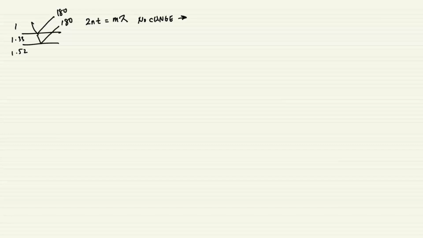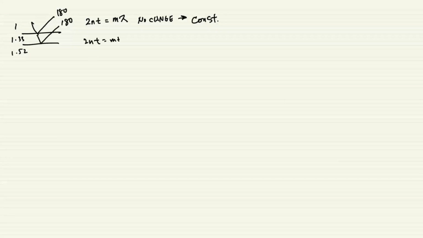Constructive or destructive interference? Why is it constructive? They're in the same phase. They're both 180 degrees out of phase from the original, but they're both in phase with each other. In other words, they're the same number, 180 and 180. So this is constructive interference.